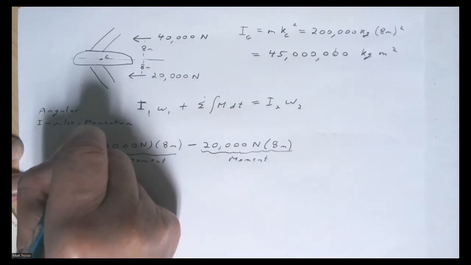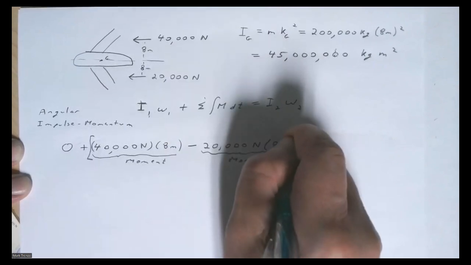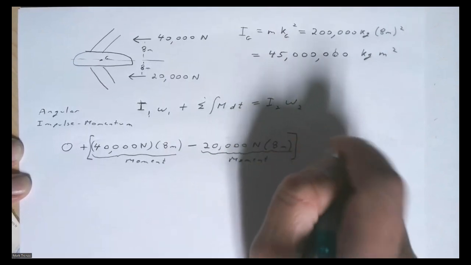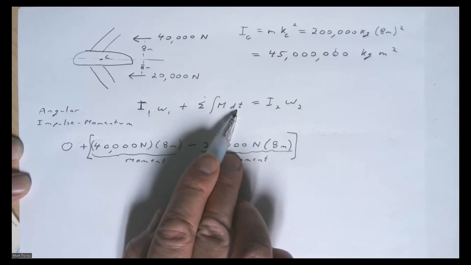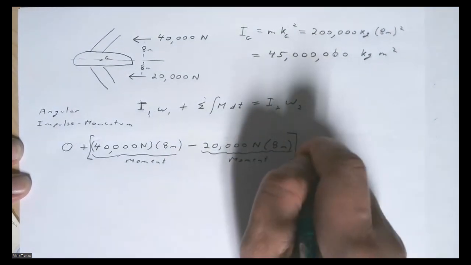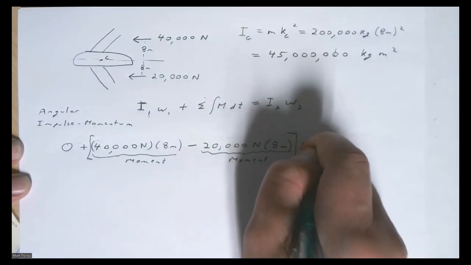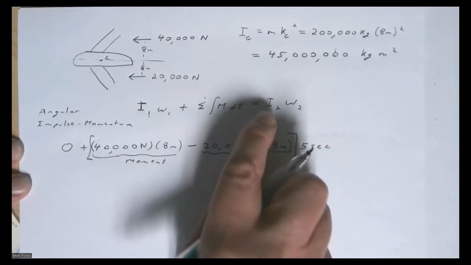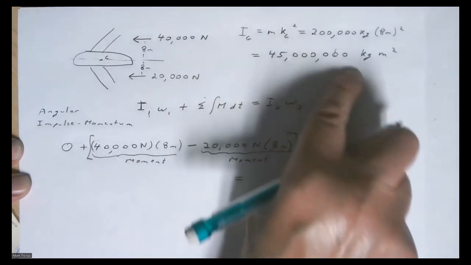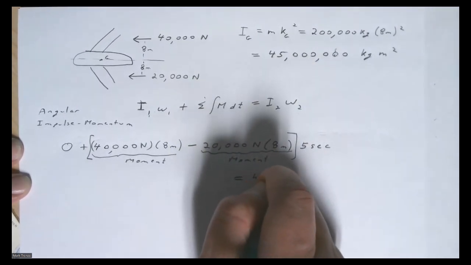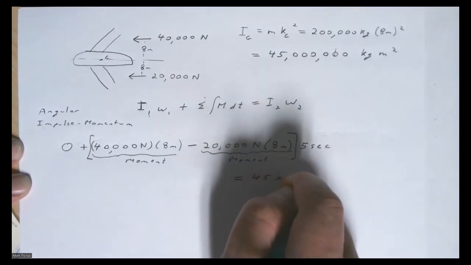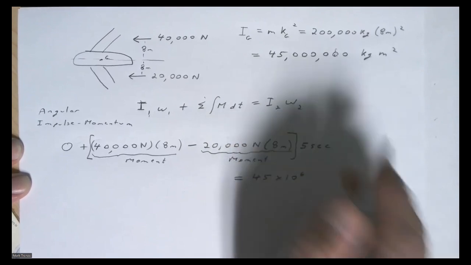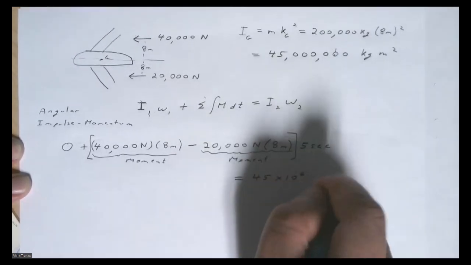And we want to know what's going to happen after 5 seconds, so that's going to be our delta t. And that's all equal to I, and I is 45 times 10 to the 6, and then our omega 2.